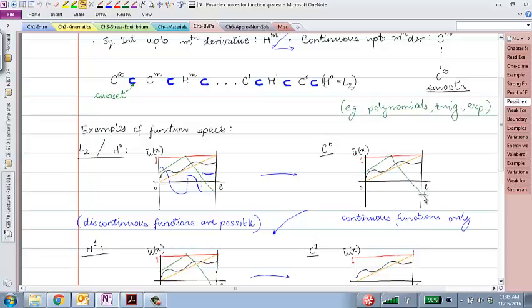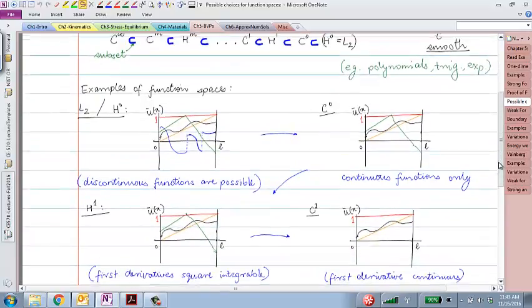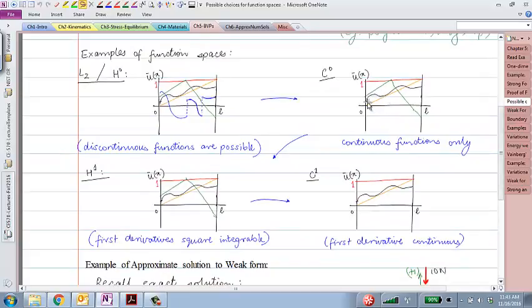The green function itself is continuous, but its derivative is not. If you reduce the space even more, you get the space H1, which is the space of all functions which have the first derivative square integrable.